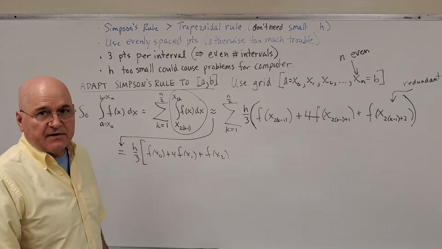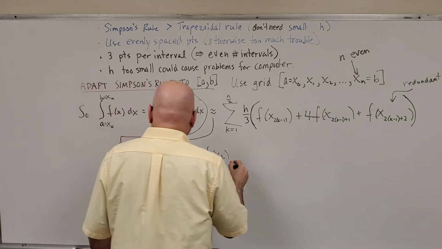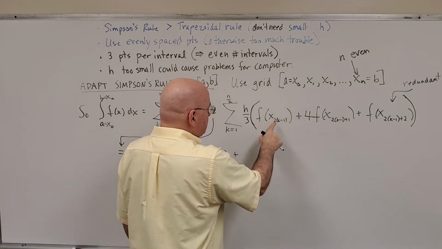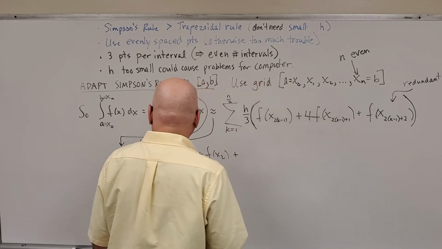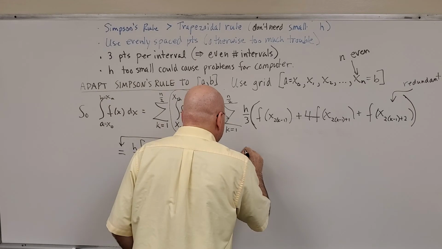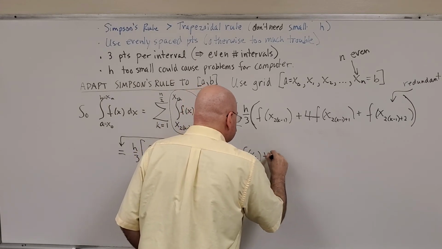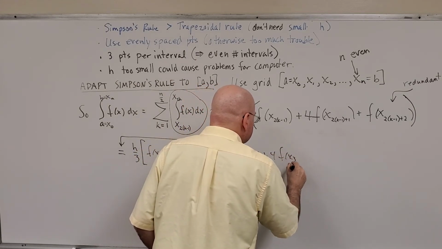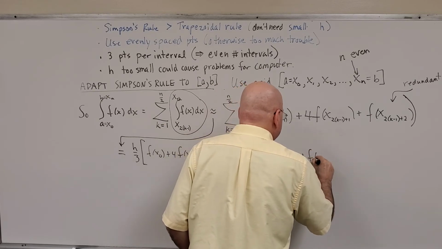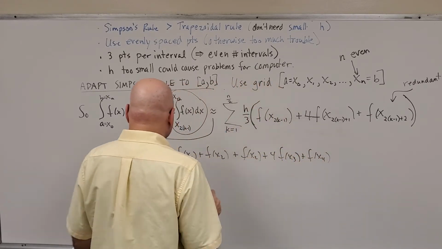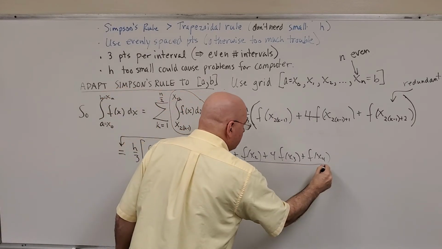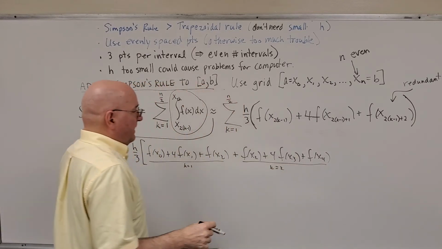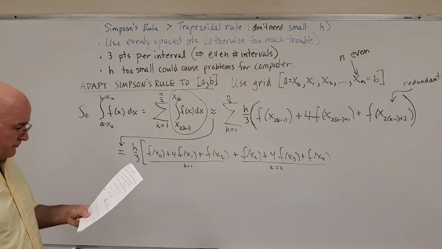Now let's do the second case. When k is equal to 2, it's going to go x sub 2, x sub 3, x sub 4. So I'm going to get f of x2 plus 4 f of x3 plus f of x4. This is from k equal 1. This is from k equal 2. And so on.